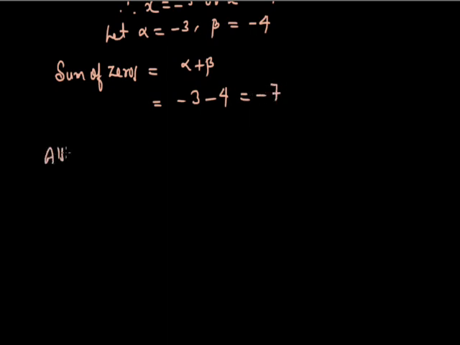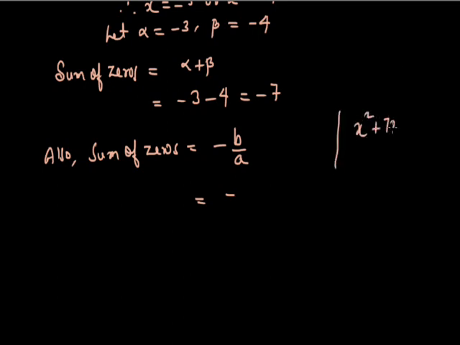Also we know that sum of zeros is equal to −b/a. b is the coefficient of x and a is the coefficient of x². In the quadratic polynomial x² + 7x + 12, here a = 1, b = 7 and c = 12.